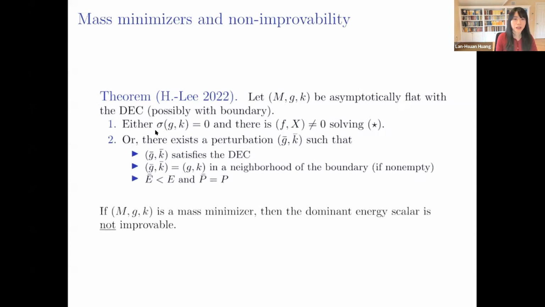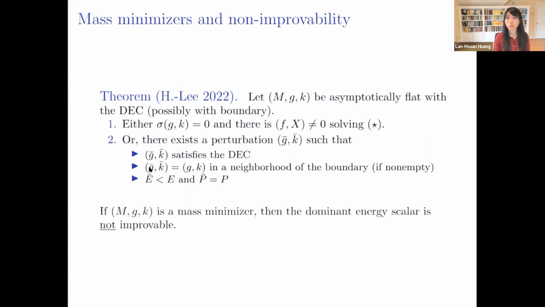Either the dominant energy scalar is identically zero, in other words mu equals |J|, and there's a non-trivial F and X satisfying the star system, or, if the first thing doesn't happen, then we can find a perturbation such that the perturbed data satisfy DEC and are identically equal to the original one near the boundary.